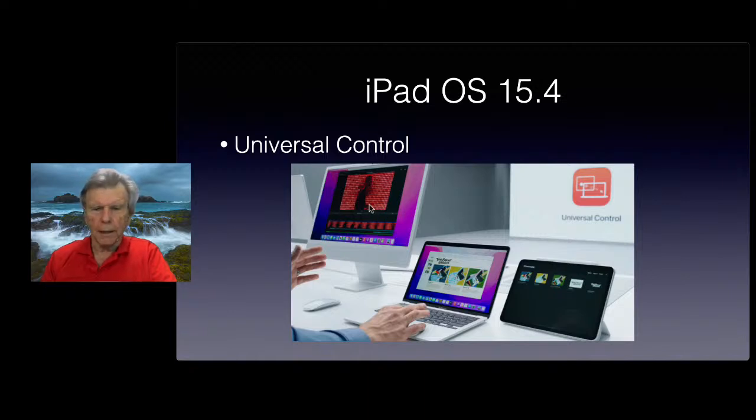So you could get a 24-inch iMac, get your all-in-one computer, and use Universal Control to extend your screen to your MacBook and to an iPad. So that is the way that could work for you.